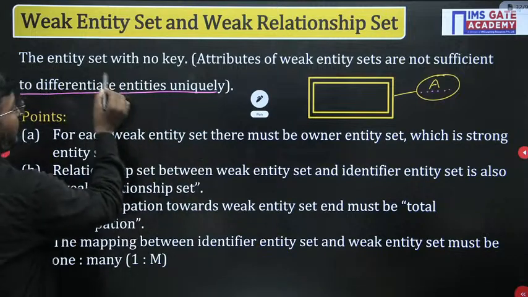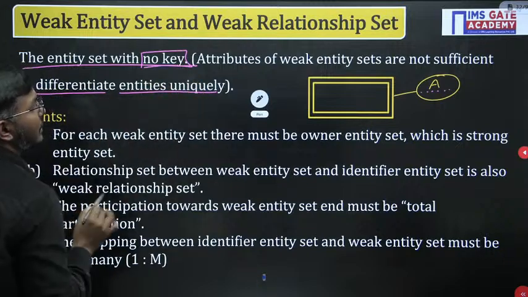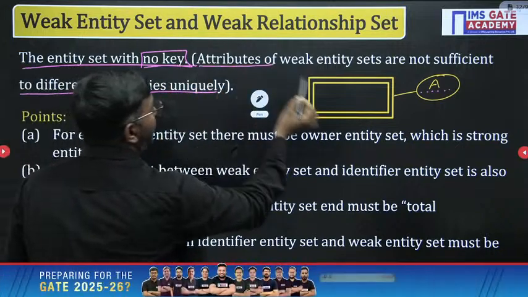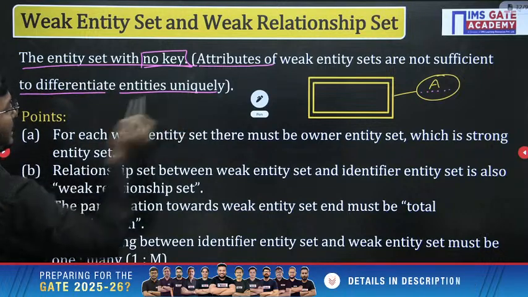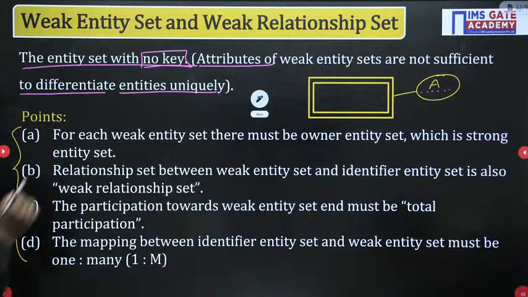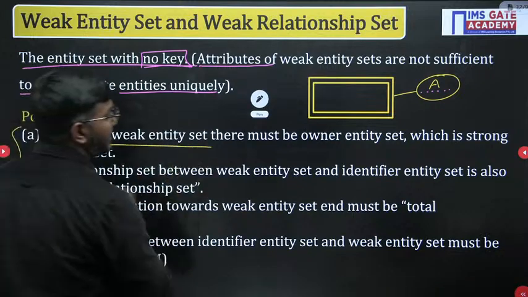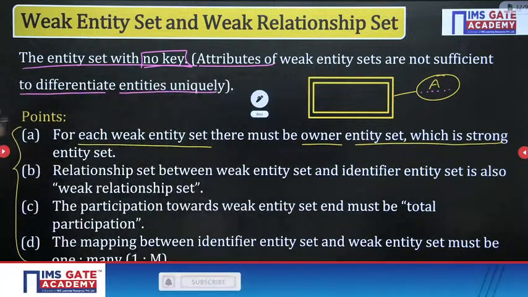But if it is a weak entity set, it means there is no key. If there is no proper key or strong key, it means the attributes of the weak entity set are not sufficient to differentiate the entities uniquely, fine. Now see here, there are some points about weak entity sets. For each weak entity set there must be an owner entity set which has a strong key.